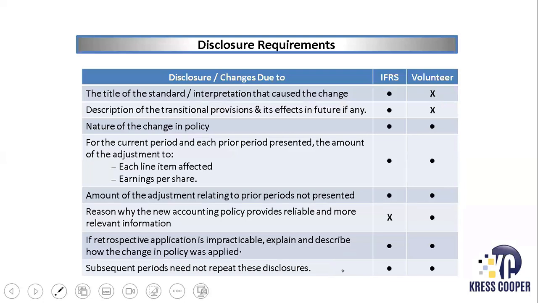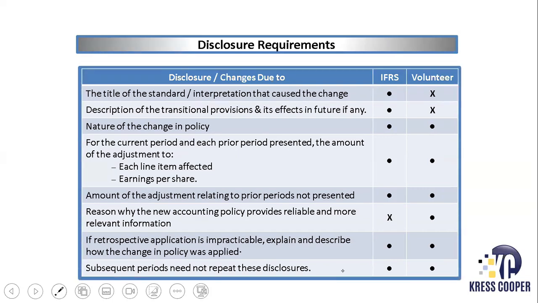Well, there are certain disclosures which we need to put in our notes. It is designed in a way that there is one column if the policy change is based on a new standard or a change in the standard, in which case I told you there would be a transitional provision, and a second column if the change is happening voluntarily, like from FIFO to weighted average or from cost to the revaluation model.